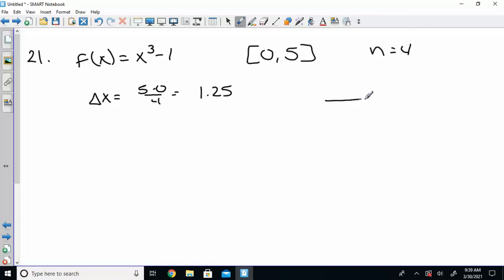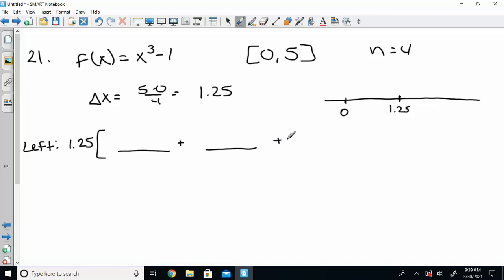If you're struggling with these at all, I recommend drawing a little picture. We're going to start at 0, and that first one will end at your change in x, so 1.25. For the left-hand sum, you always take it times the change in x. We're going to have 4 pieces that we're adding in. Since it's left, you start with the left-hand point, so the first one I plug in is 0.